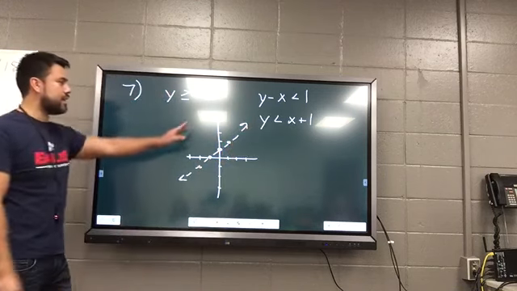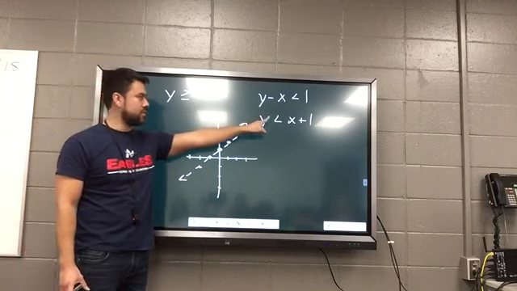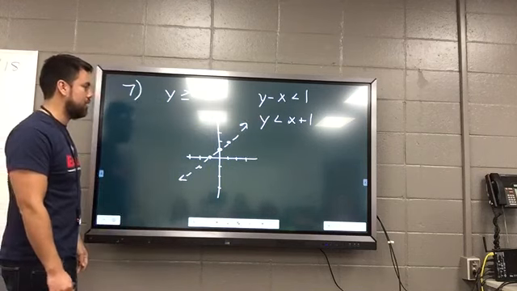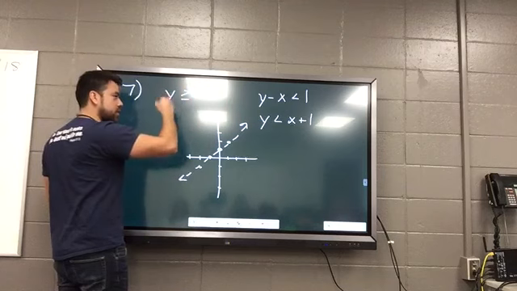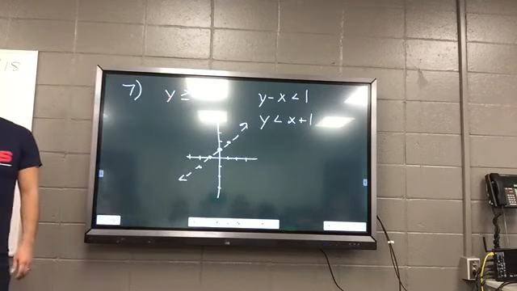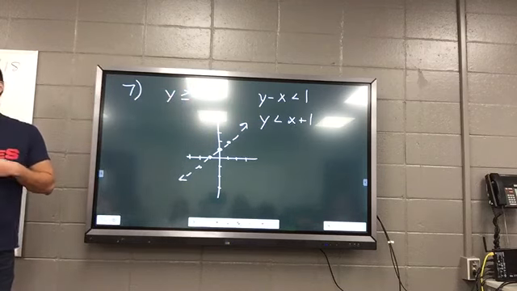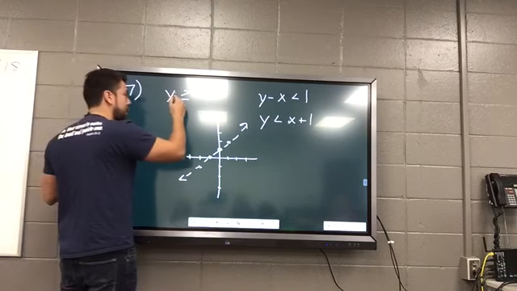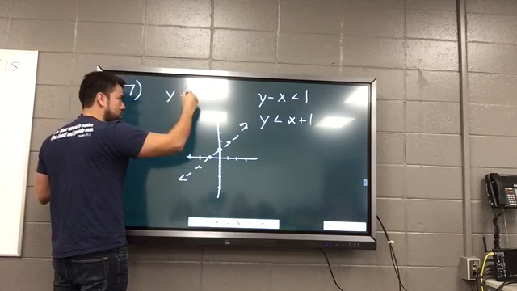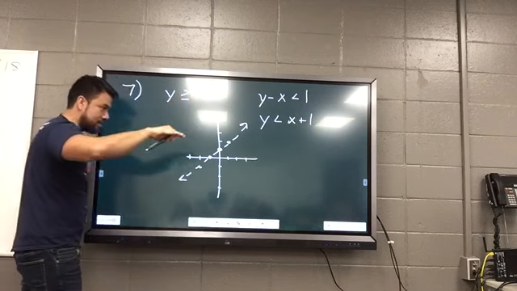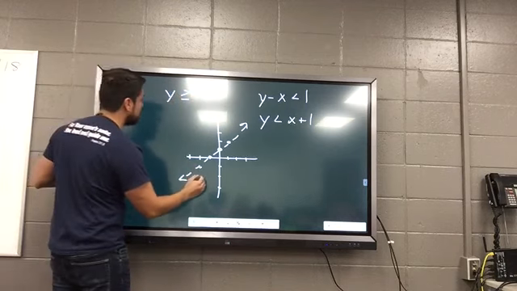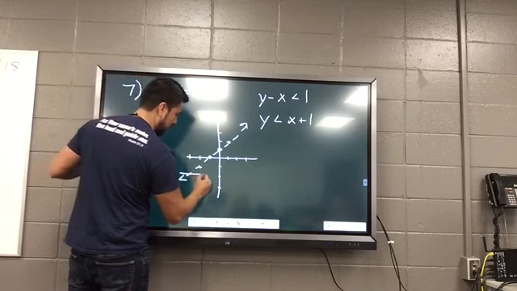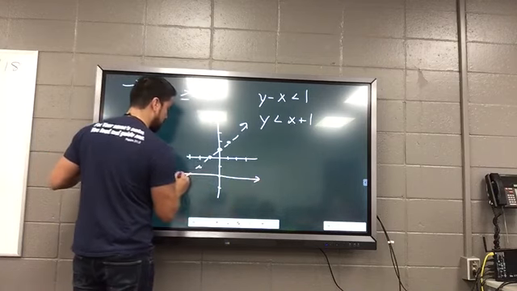All right, that second inequality should be pretty easy to graph after you solve for y. But this first one, do you guys remember what kind of line that has to be? Horizontal. Yeah, horizontal. If y is equal to something without an x, then it's going to be this horizontal line that goes through y equals -2.